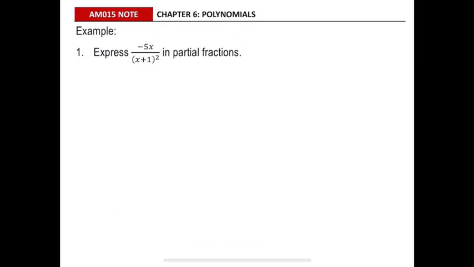In this example, the denominator only has a repeating linear factor with power of 2. So, the partial fraction repeats twice. Multiply the whole equation with the denominator (x + 1) squared. Then multiply every fraction with this expression.